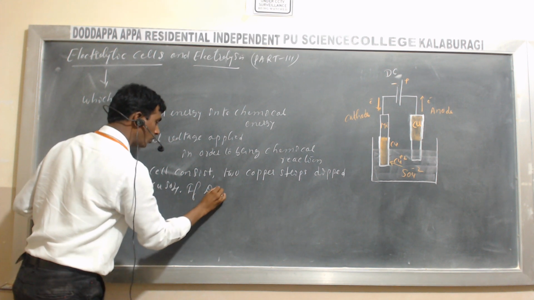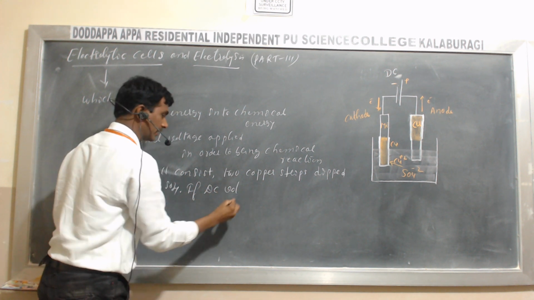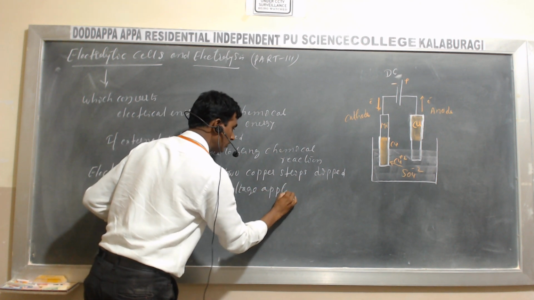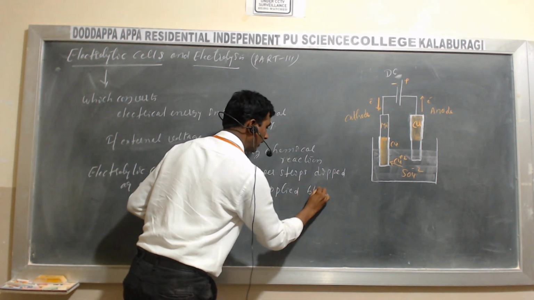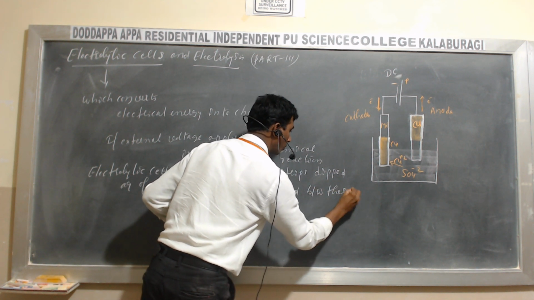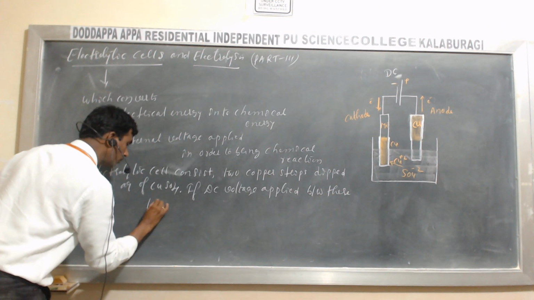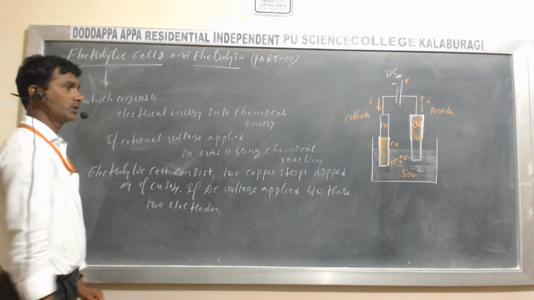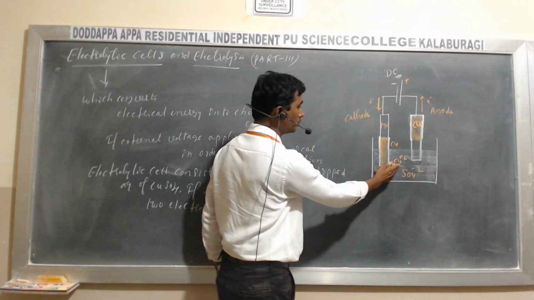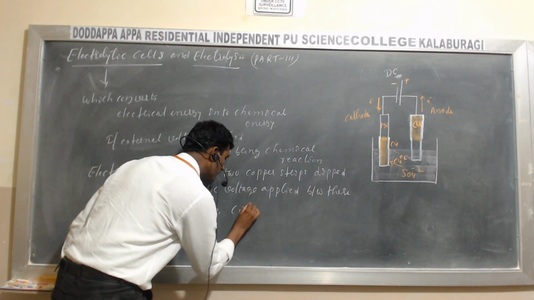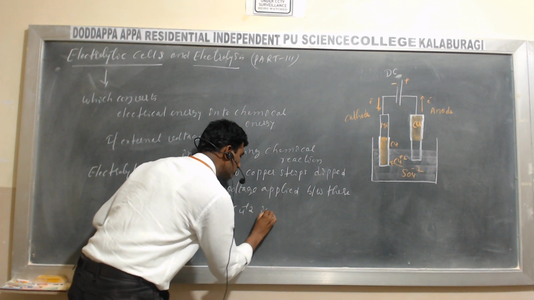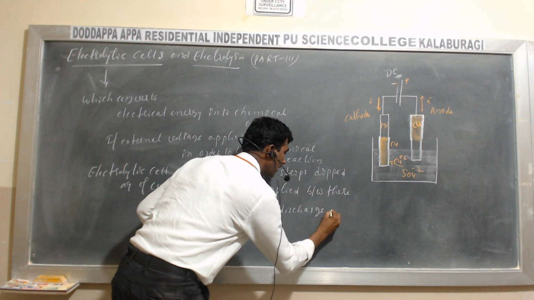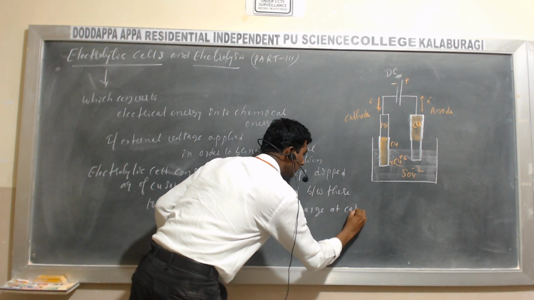DC voltage means direct current. If DC voltage is applied between these two electrodes, the Cu plus 2 ion discharges at the cathode.